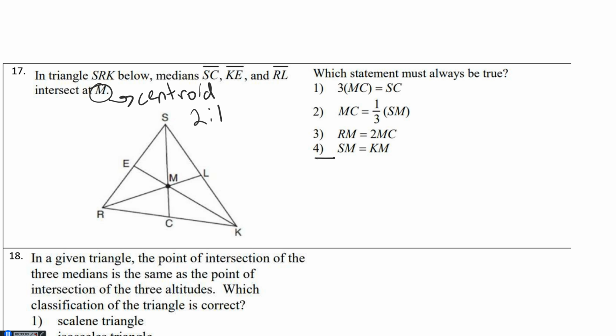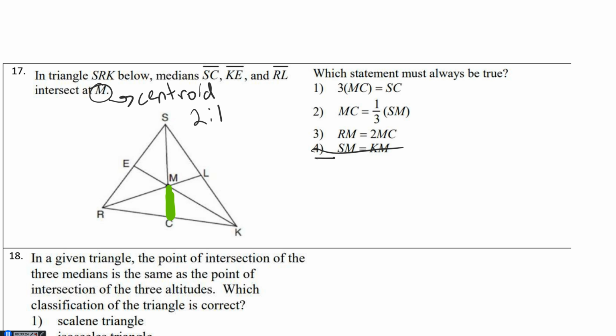SM, this piece right here, is congruent to KM. Well, we don't know anything about pieces from different medians. I only know that pieces on the same median are broken up in a ratio of 2-to-1.